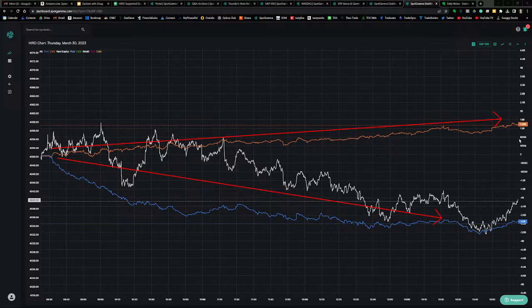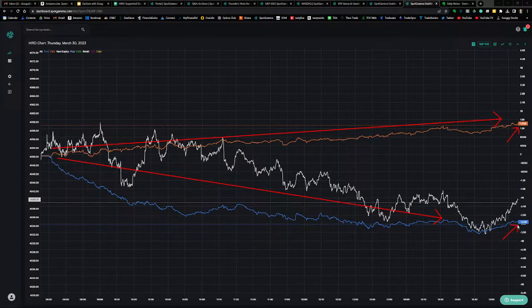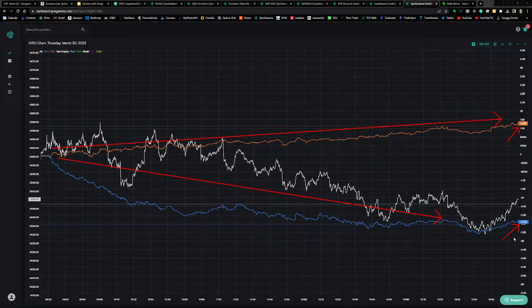And in this case, you can just look at the slope of the line, or compare the numbers. This is 1.42 billion for calls, that's the notional value, versus 3.1 billion for puts. So the put buyers, in the range of this chart, are dominating.